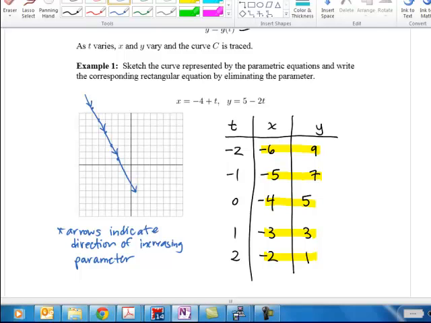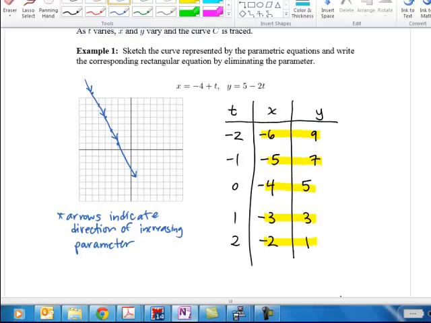Okay, let's think about this a little more. One of the things we want to do is just take any line and be able to parameterize it. So here we were given the parameterizations, and we wanted then to just come up with a graph. But let's look at how some of the features of the graph connect with what we see in the formula.